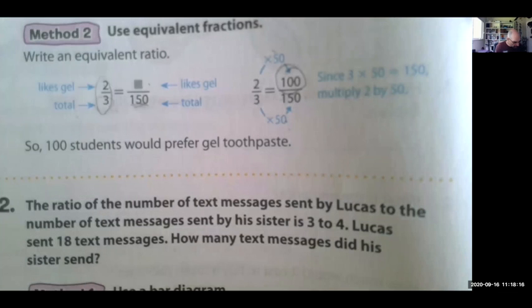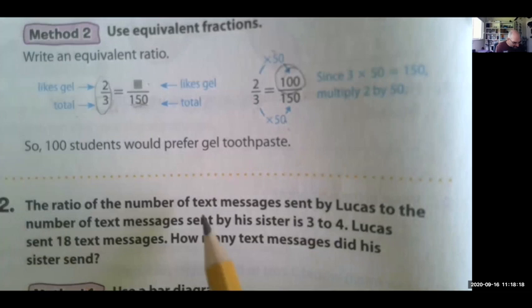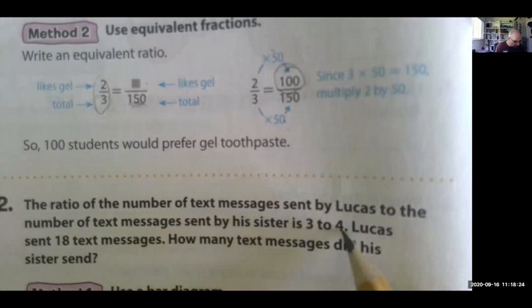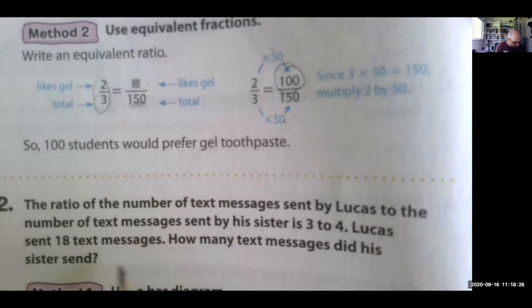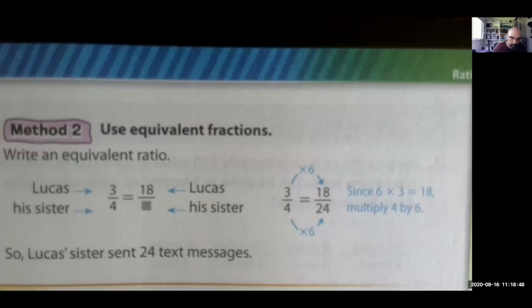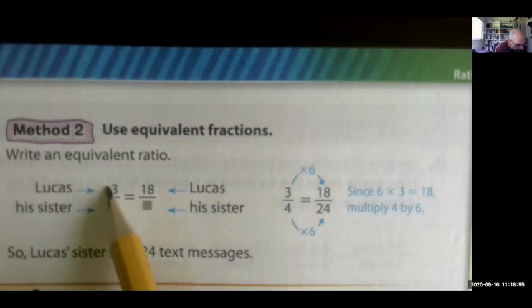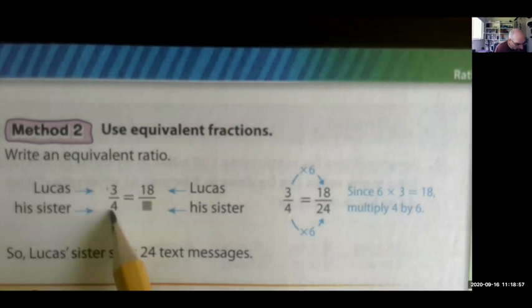So this says the ratio of the number of text messages sent by Lucas to the number of text messages sent by his sister is 3 to 4. Lucas sent 18 text messages. How many text messages did his sister send? So again, we're going to use equivalent fractions. So we know that for every 3 that Lucas sent, his sister sent 4.